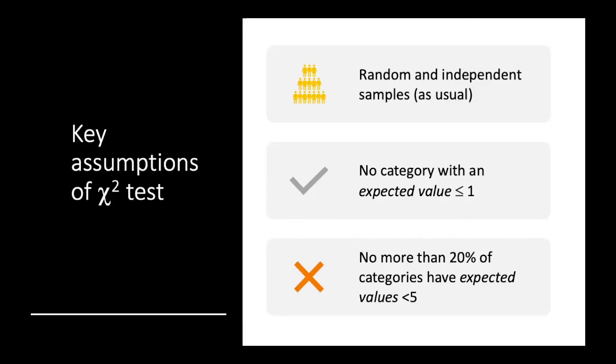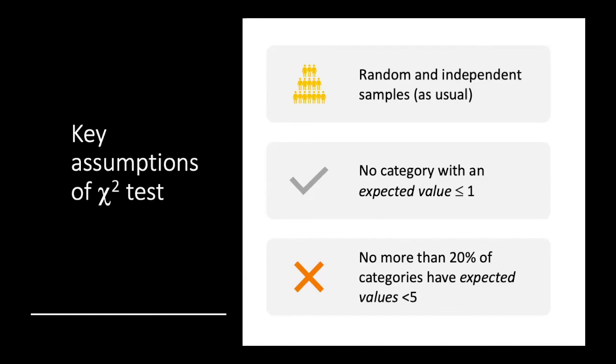As with any statistical test, there are a number of assumptions that must be met if our inferences are going to be correct. The first assumption is common to all statistical tests, and that is that our statistical sample was collected randomly and that observations within that sample are independent of one another.